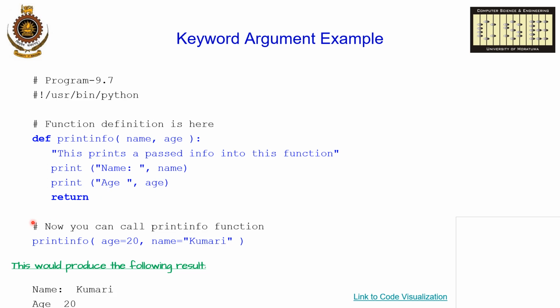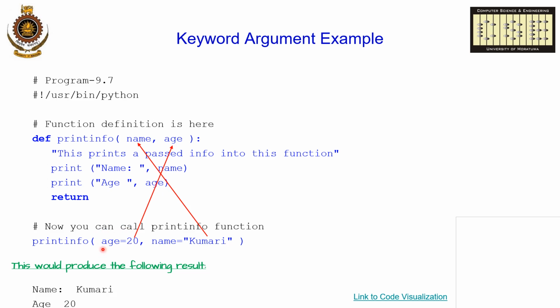Let's see if we can call this print info function using keyword arguments. Look here. Although age is defined second, we can call it first. Name is defined first, but we can call it second. We can only do it because we are calling the function with keyword arguments. So we are saying age equals 20.